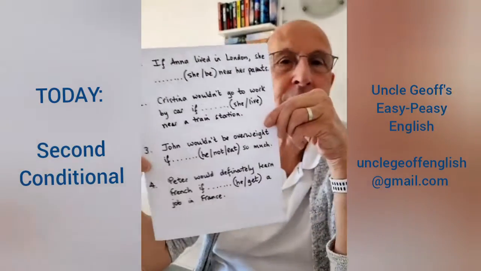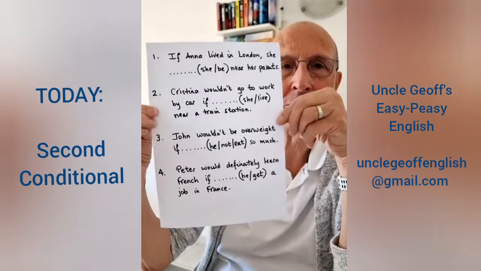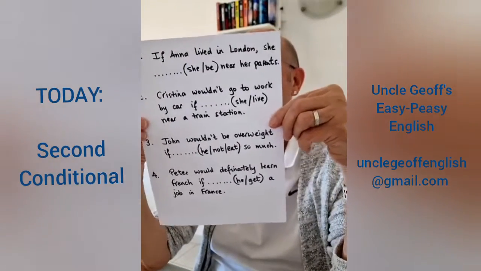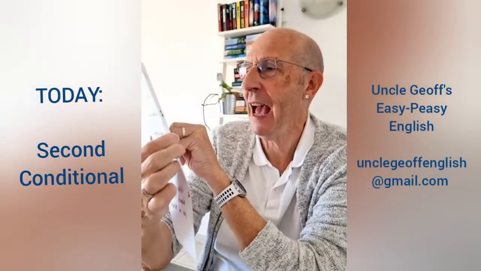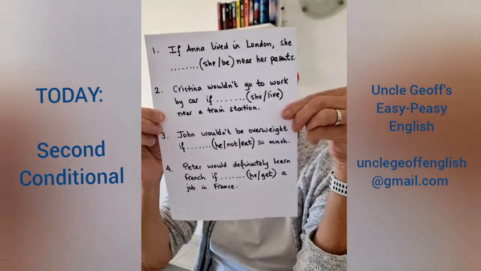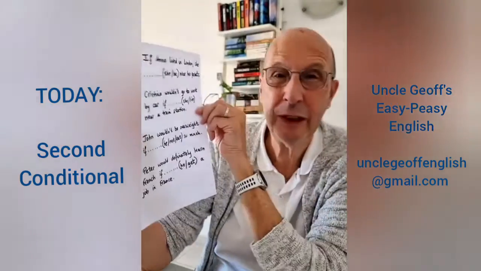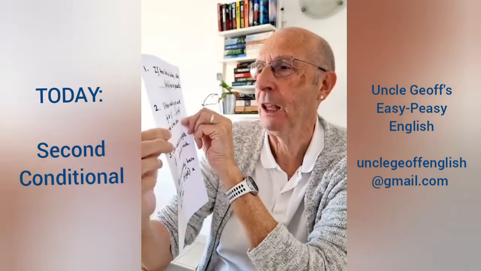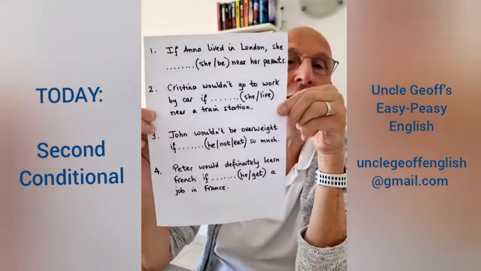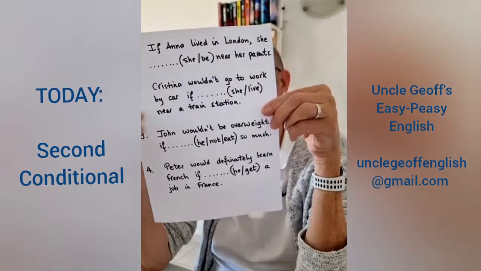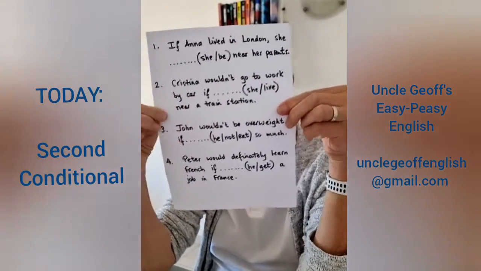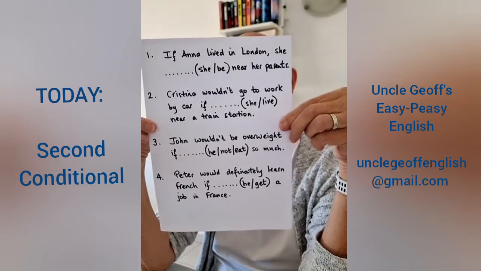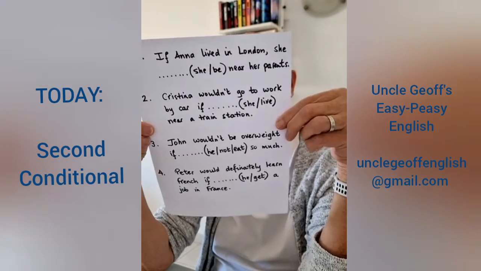Wonderful. Okay, so ready? Got some answers? Let's see if you're right. Number 1, if Anna lived in London, does she live in London? No, she doesn't. But if she lived in London, she would be near her parents. She'd. If Anna lived in London, she'd be near her parents.